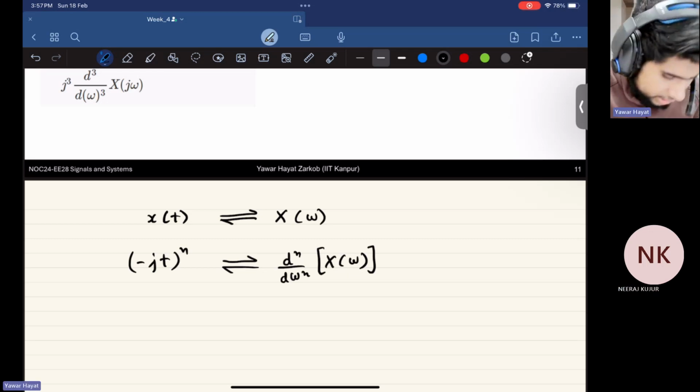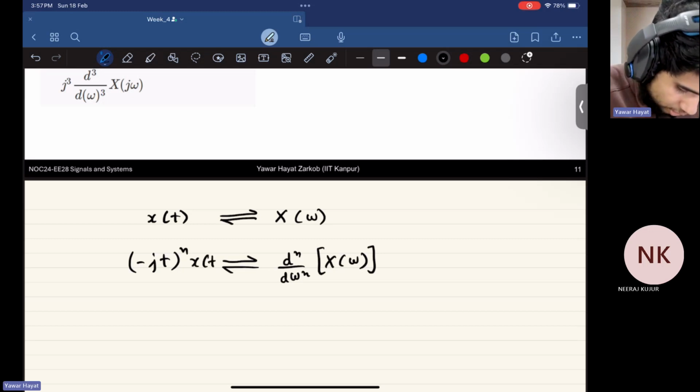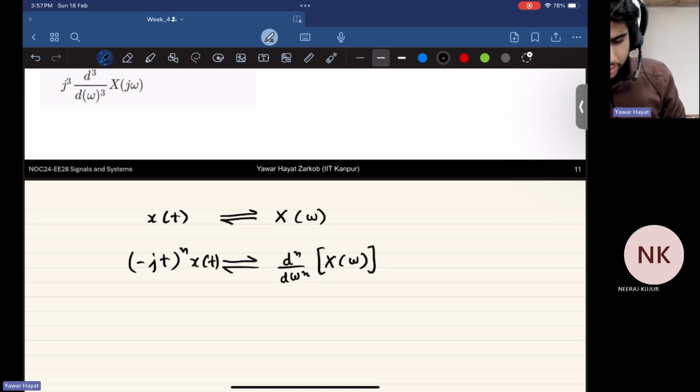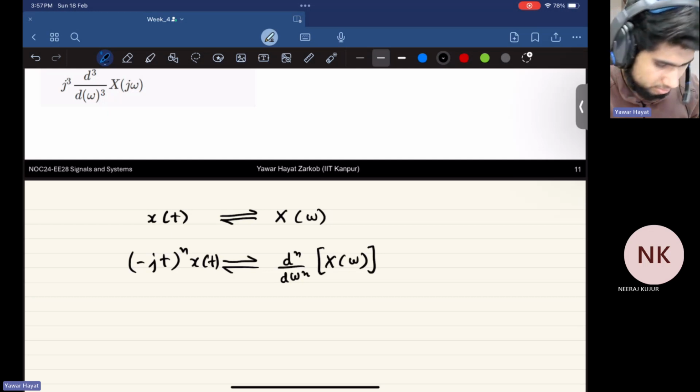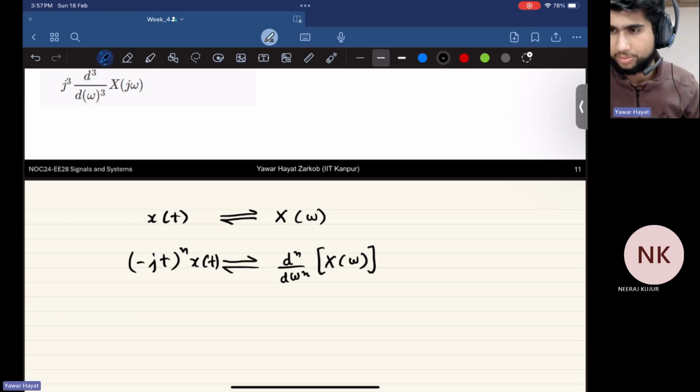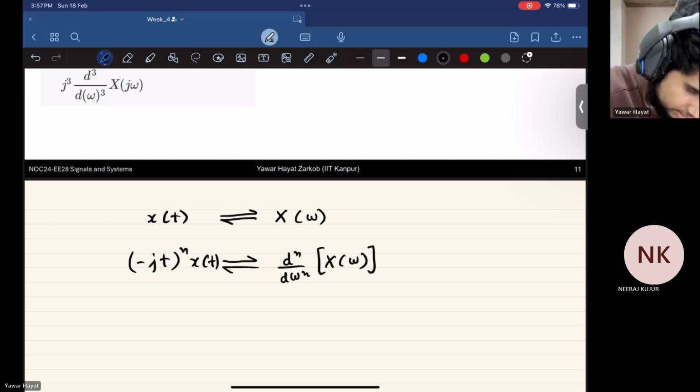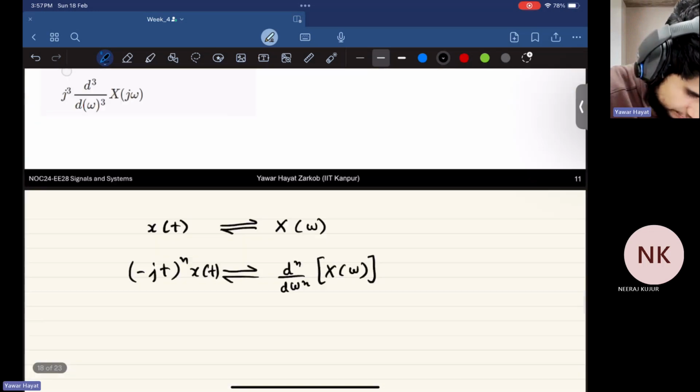That is essentially the statement of this property. This property is known as the differentiation in the frequency domain, whatever you call it. So this was question 5.